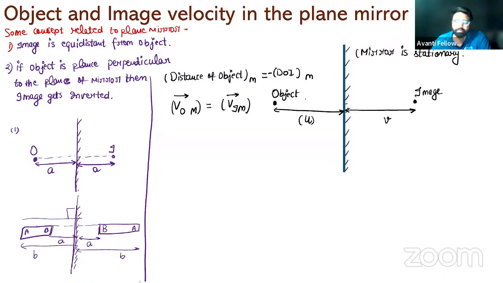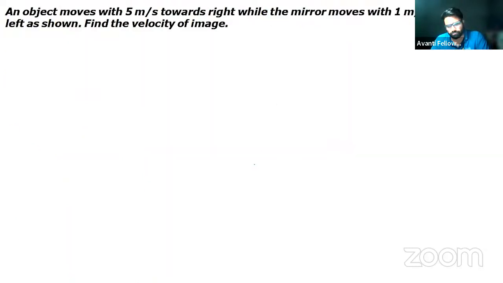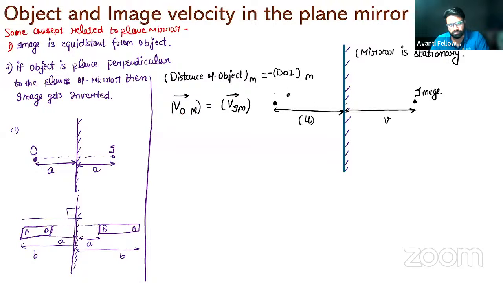Now look, here the object can move in two directions. Suppose the object has a velocity v in two directions. Object has this velocity v. This is the velocity of the object with respect to the mirror, and this is, let's say, the velocity of the image with respect to the mirror. Got it?